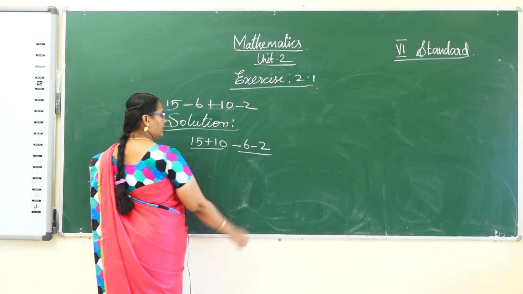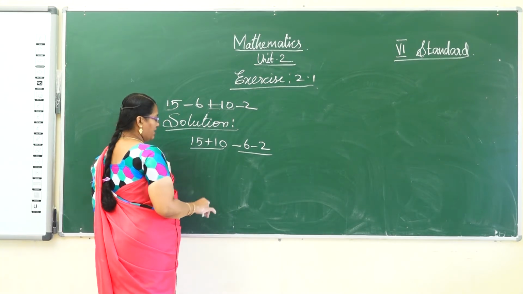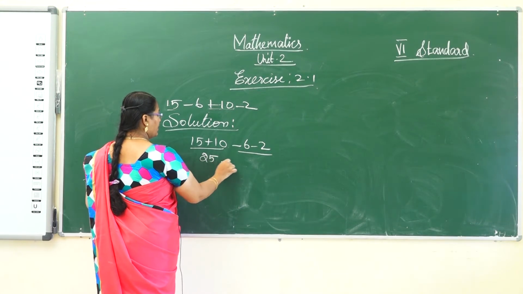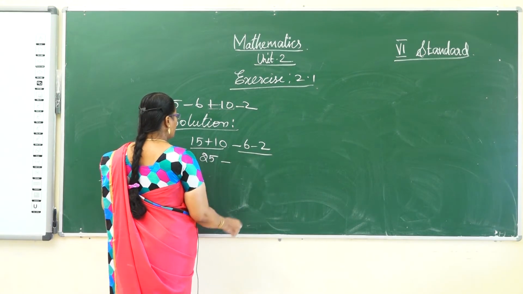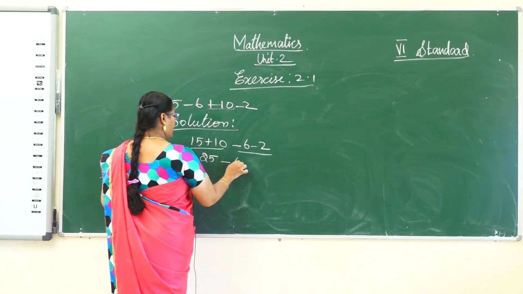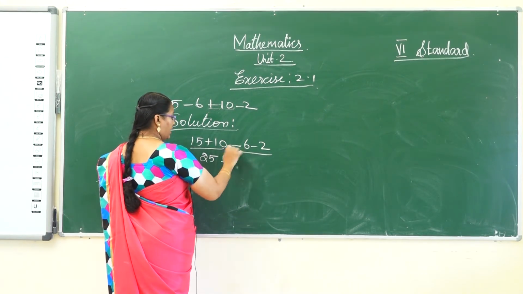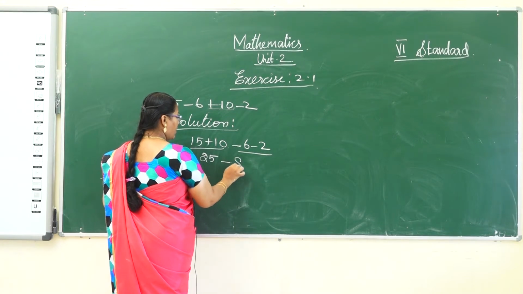After arranging like this, add these two values: 15 plus 10 is 25. Then minus 6 minus 2, both are the same sign, so add and put the same sign: minus 8.